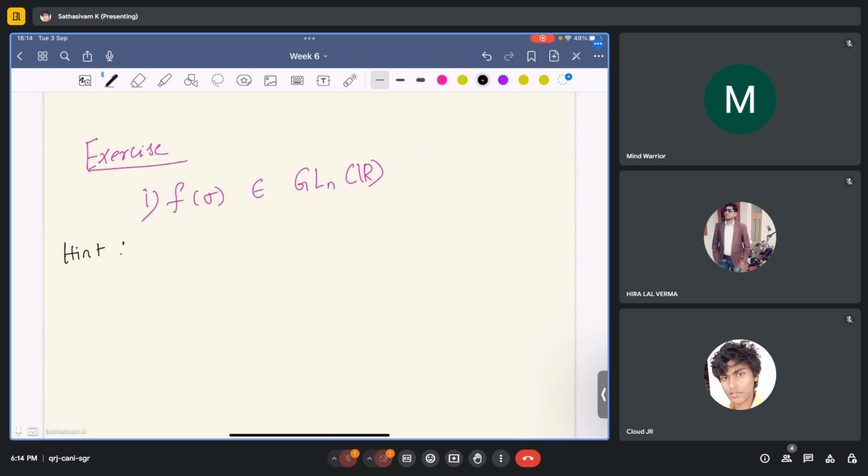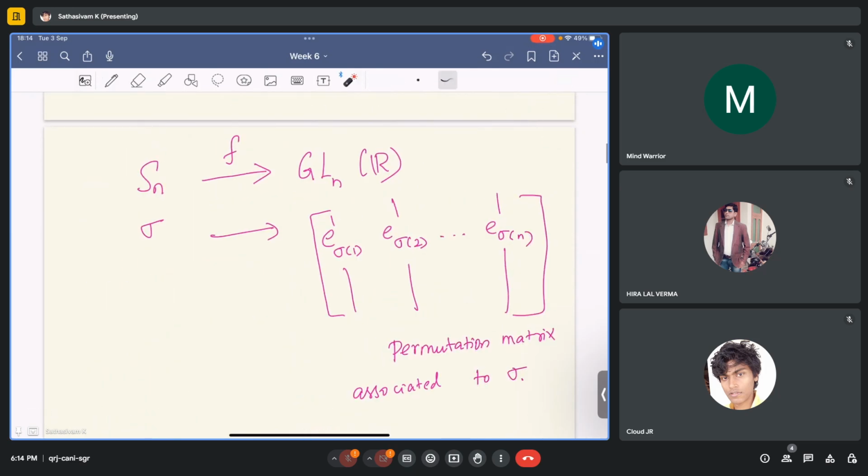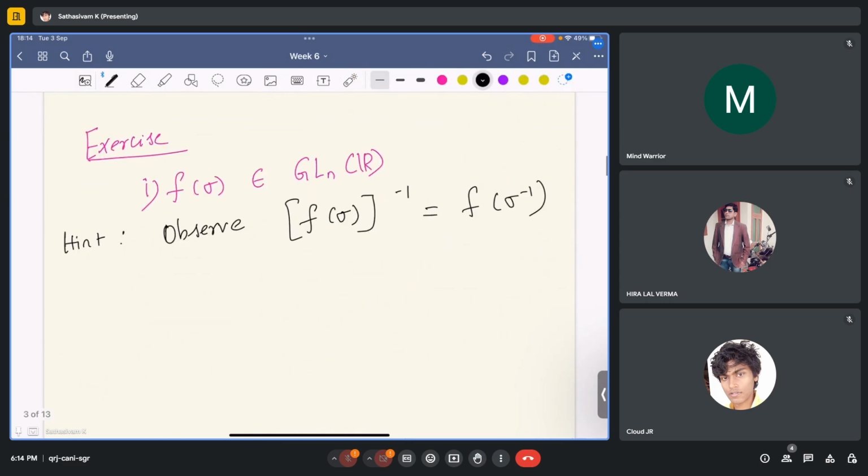So note that, observe, F of sigma inverse is nothing but F of sigma inverse. Okay. And also you have to observe that this is a homomorphism also. So you can prove that F is a homomorphism.